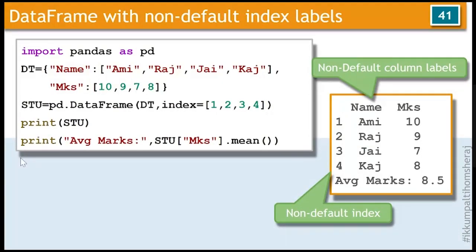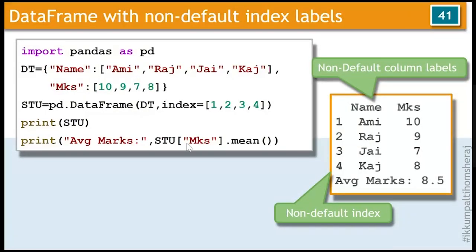At the end, if you want to find out the mean of only the marks column, in that case you can specify stu. Stu is the name of the data frame. Inside the square brackets, you specify the column label for which the mean is required. Obviously, the mean of name will not make any sense.